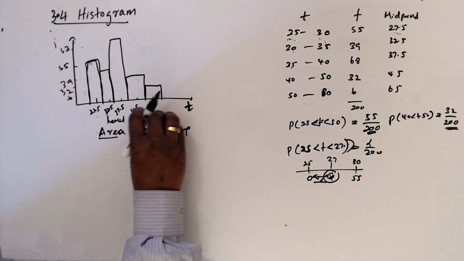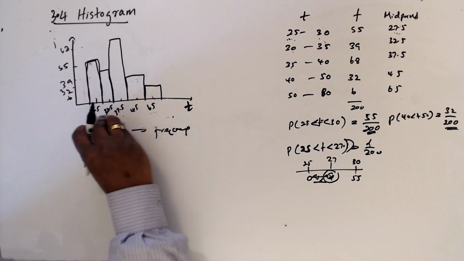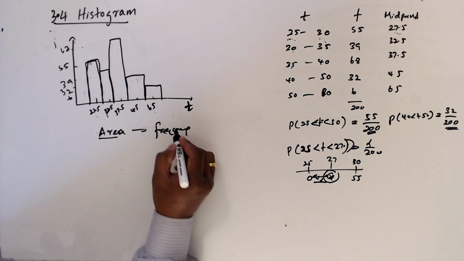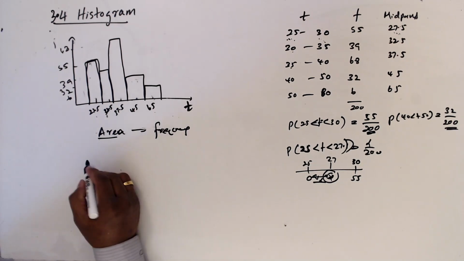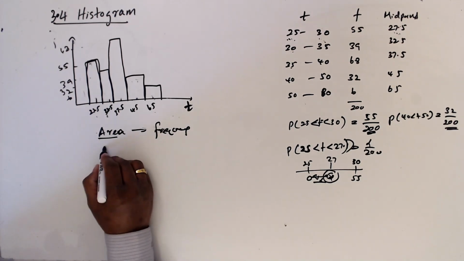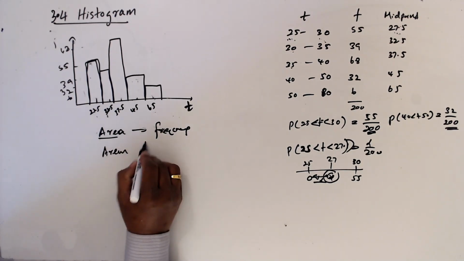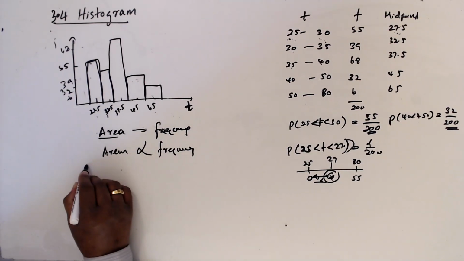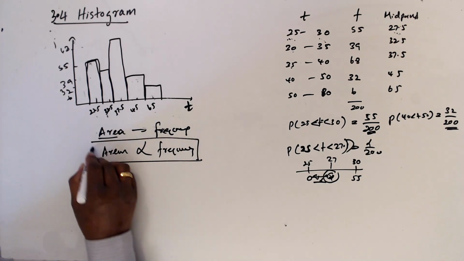So when we represent frequency with area, what is the first requirement? Area should be proportional to frequency. This is the way we want to adjust this situation.